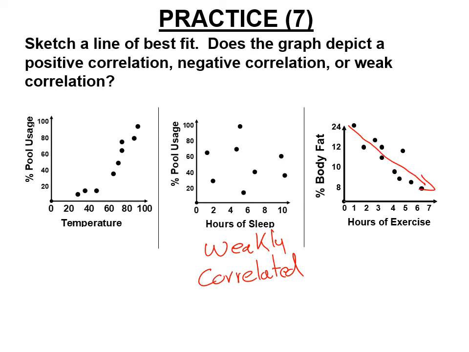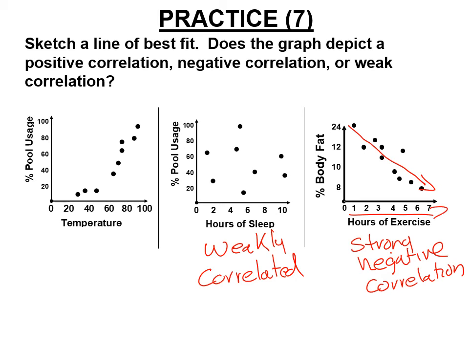This is going down. So this is a strong negative correlation. The dots are near the line, right? But it's going down. Why is that? Because the more you exercise, the lower your body fat usually, all right? And so more of the exercise makes less of the body fat or vice versa.